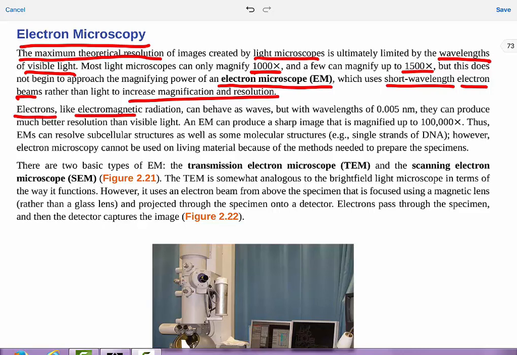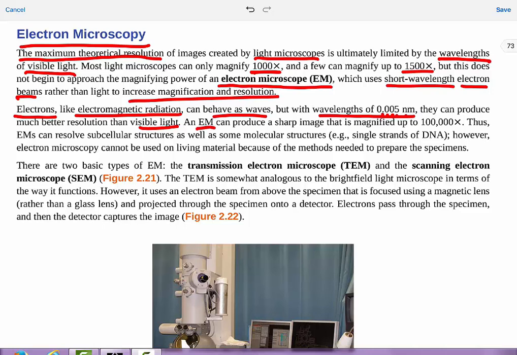Electrons, like electromagnetic radiation, can behave as waves, but with wavelengths of 0.005 nanometers, they can produce much better resolution than visible light. So we're talking about incredibly small wavelengths, which can get incredible amounts of detail, much better resolution.